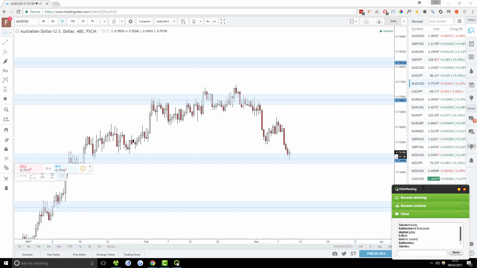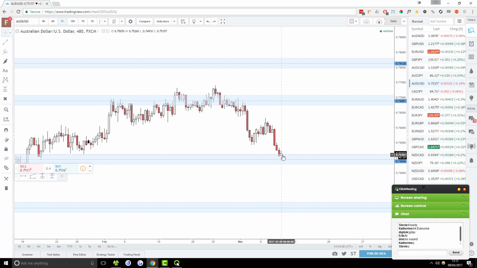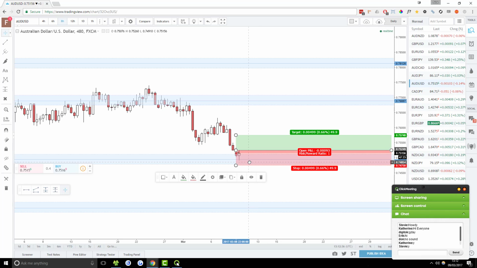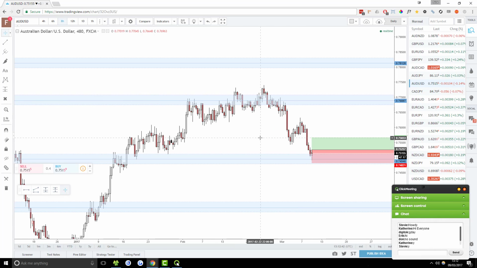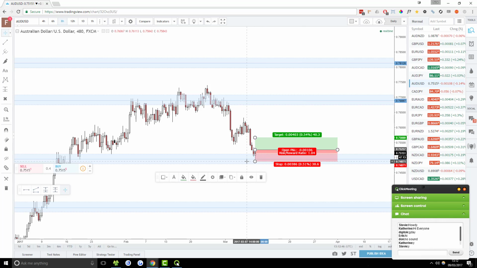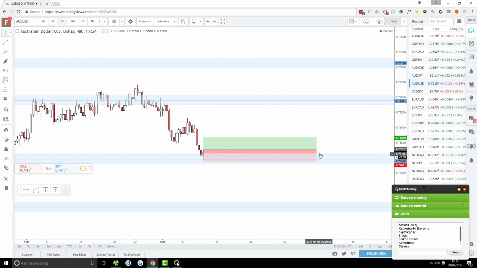So let's say on the 8 hour, it's going to close in 47 minutes. So there's a good possibility that the candle's going to close as it is now. Let's say, in theory, it were to close pretty much exactly as is. I'd be worried. This would be my entry, my stop loss, let's say. Let me zoom in.